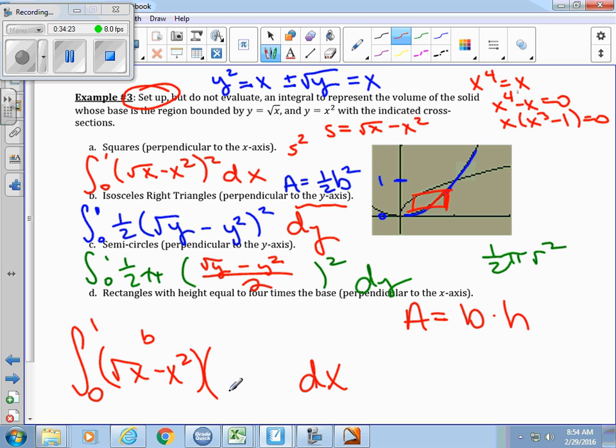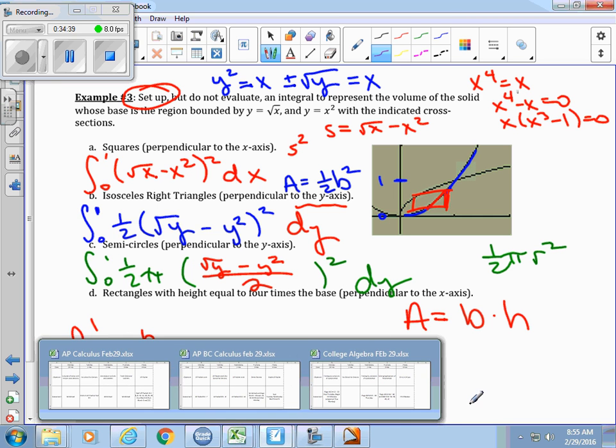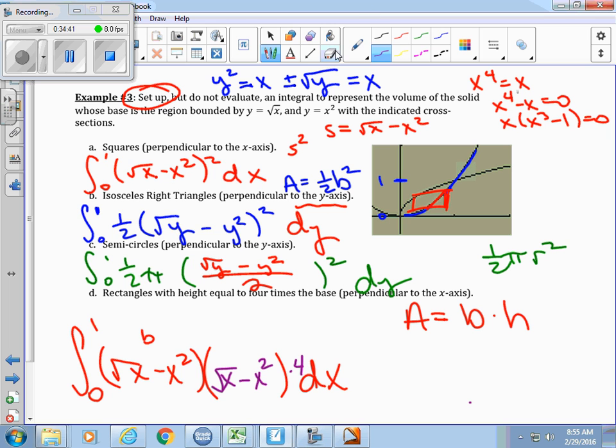What is the height? 4 times that. How do you know? Who tells you that? I'm just going to put times 4 there. Oh, sorry. Wait, can you do that?